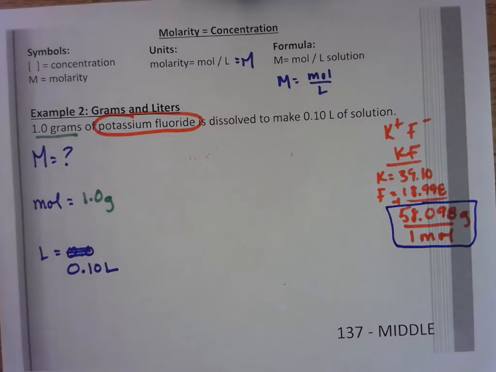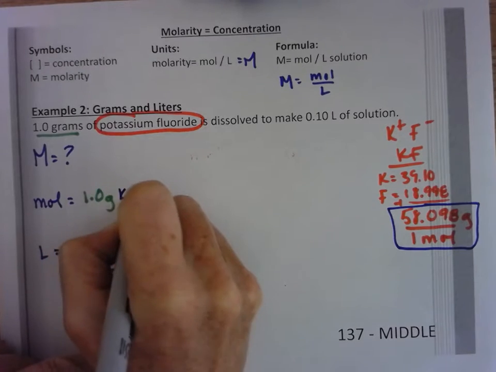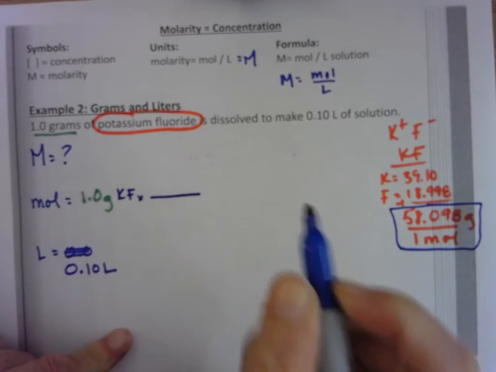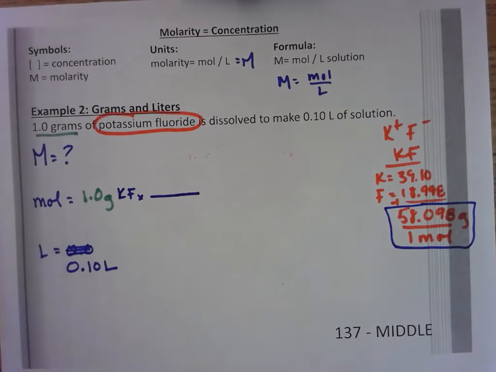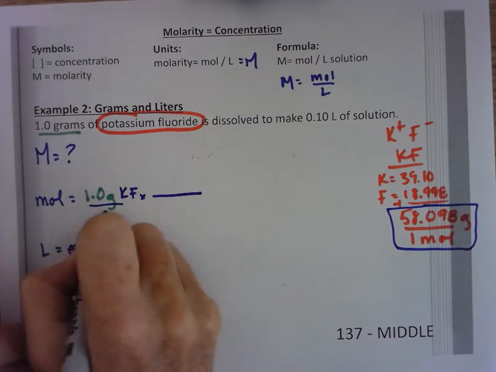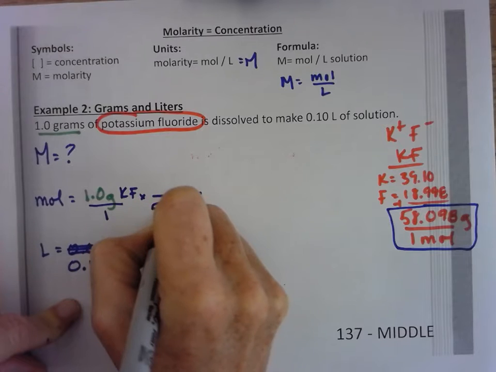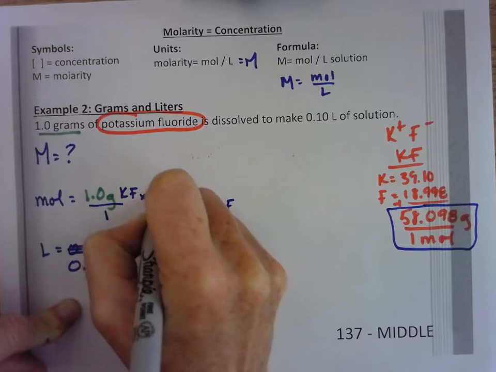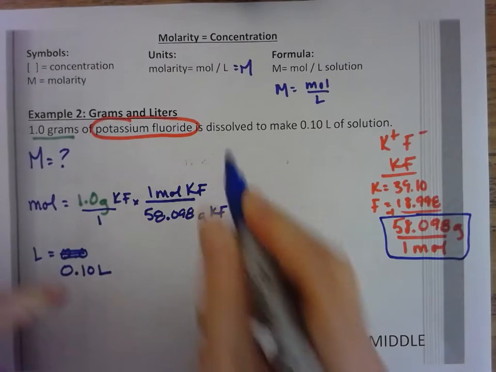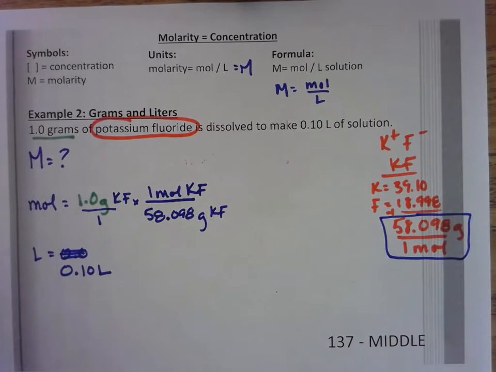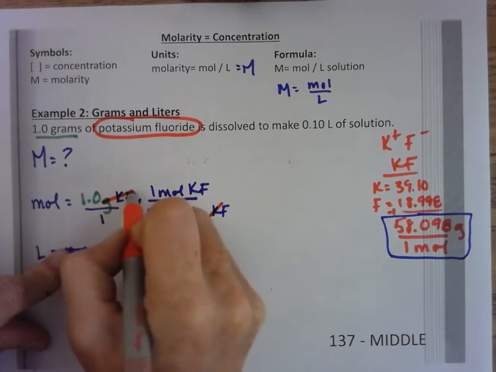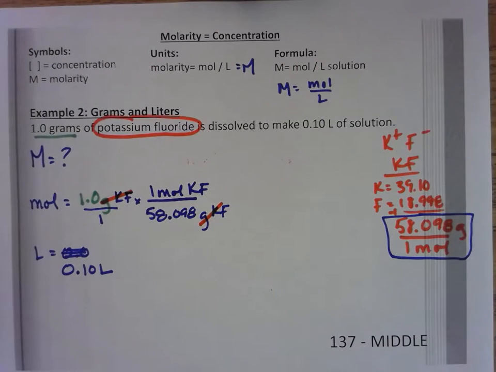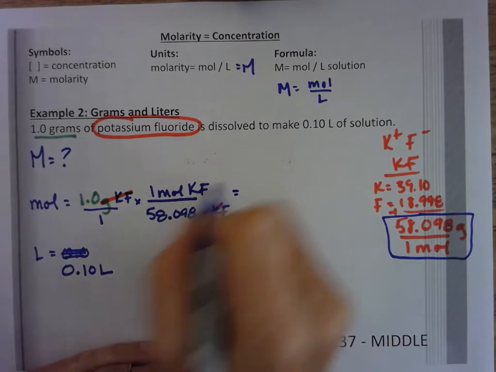So I have KF. I have grams here on top, so I'm going to put grams on bottom. KF, 1 mole, KF. So my grams cancel and the KFs cancel, and 1 divided by 58.098. I can only report 2 significant figures.